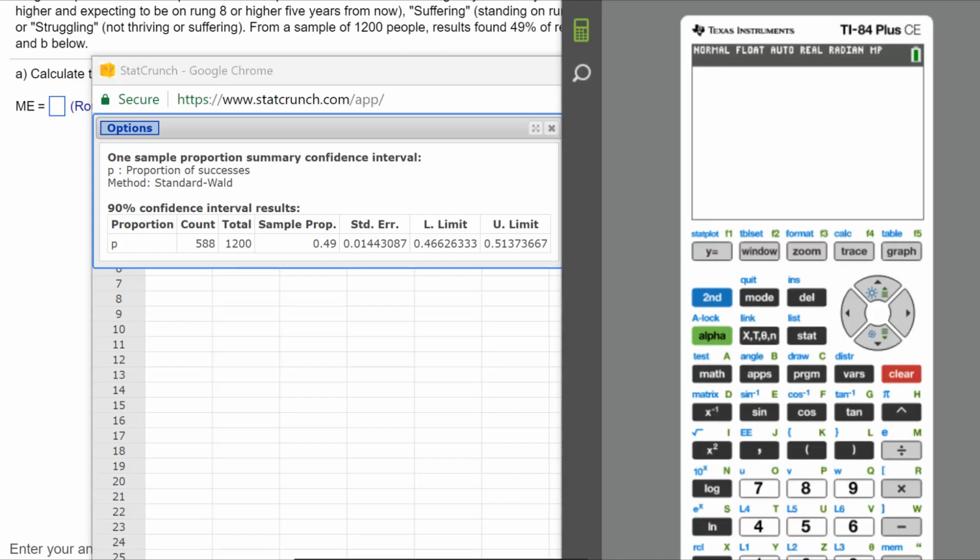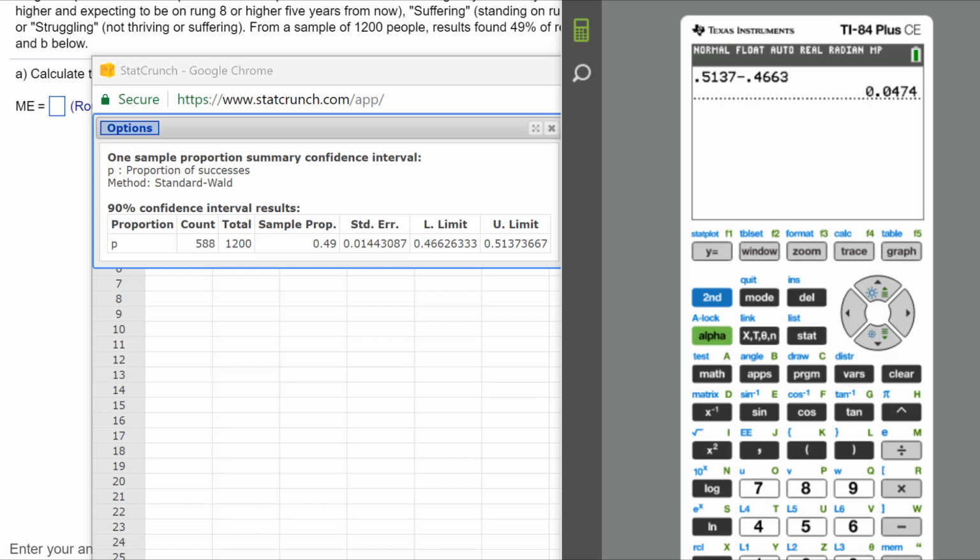So just recall that margin of error is going to be the width of that interval divided by 2. So I'm going to say 0.5137, let's go out 4 places, minus 0.4663.